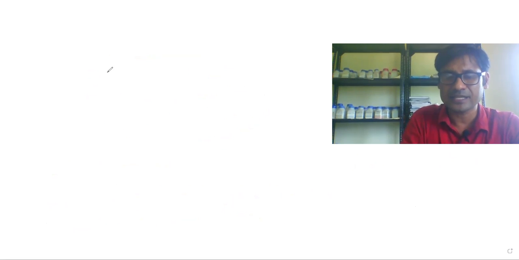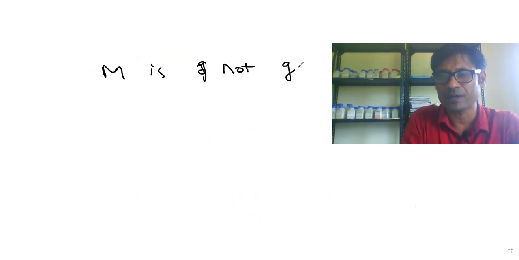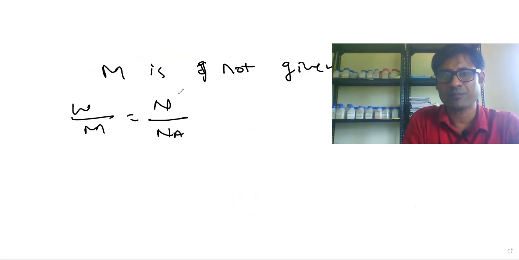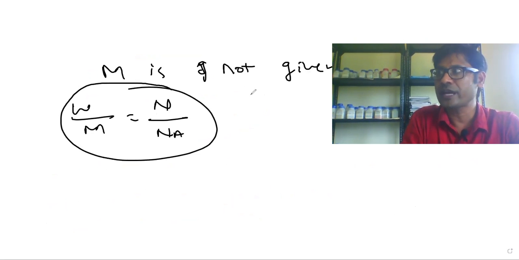And in case M is not given, if molar mass is not given, then we apply weight upon molar mass is equal to number of particles upon Avogadro number. Here we can use this formula.